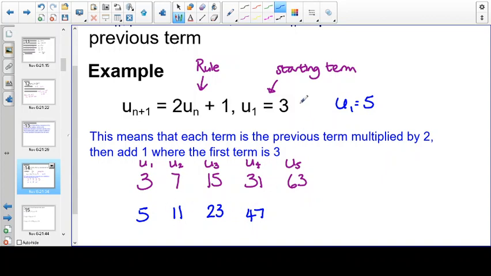So there will be lots of sequences that follow that rule, but the only one that's going to give us that is if we are told that starting value. So you must always give a starting value, otherwise you don't know where to begin.